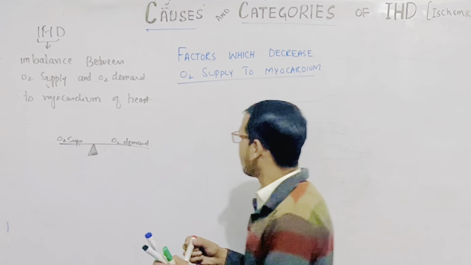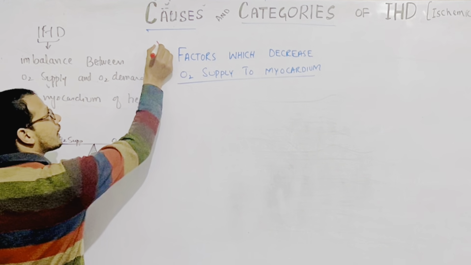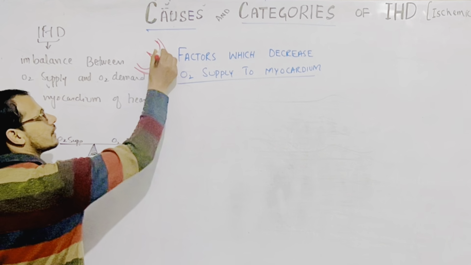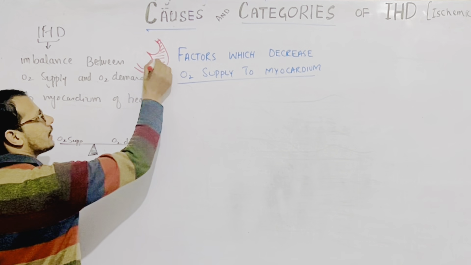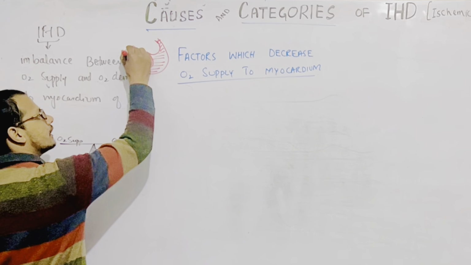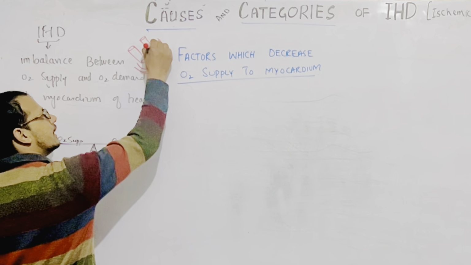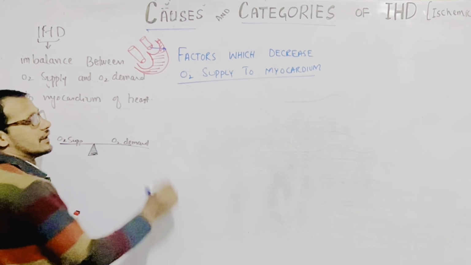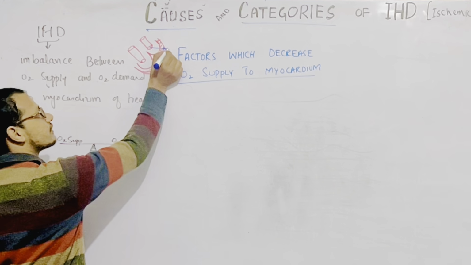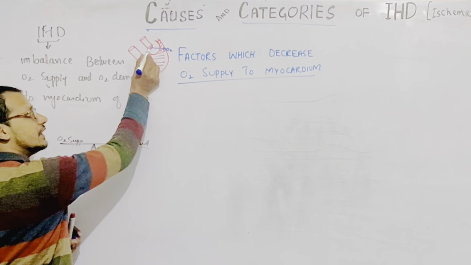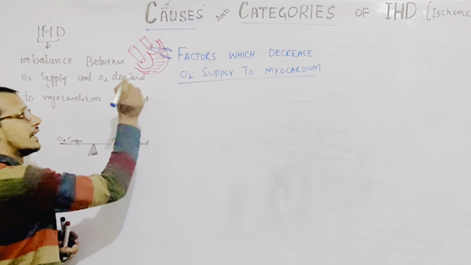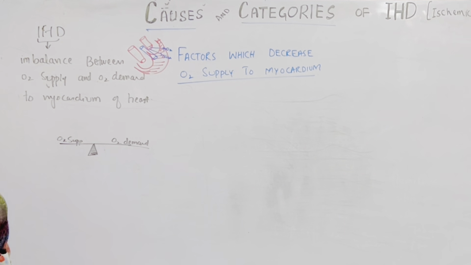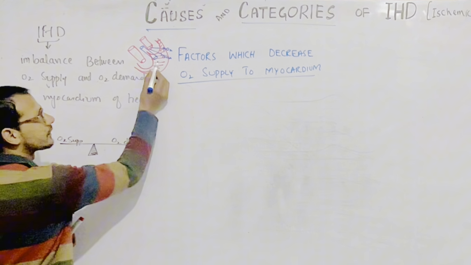For example, as a recap, if we have left and right ventricles here, this is the myocardium of the heart, and these are the coronary arteries, left and right. They supply blood, oxygen and nutrients to these muscles, and there are also coronary veins which remove the waste products from this myocardium.